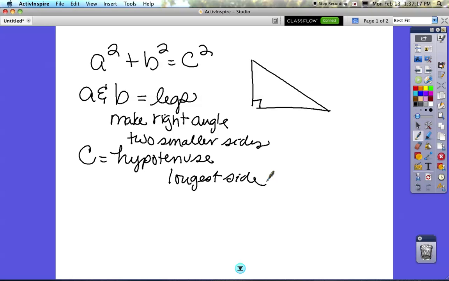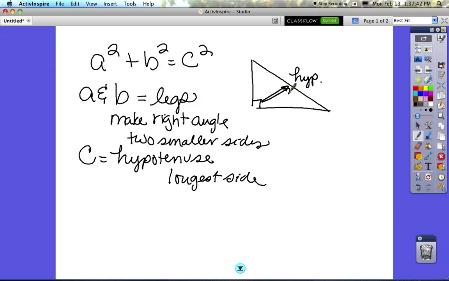So let me give you this hint. Everybody look up here. The right angle points towards the hypotenuse. Always. So if you're unsure of which one is the hypotenuse, put your pencil on the corner of the right angle and draw across. And that's going to give you the hypotenuse.